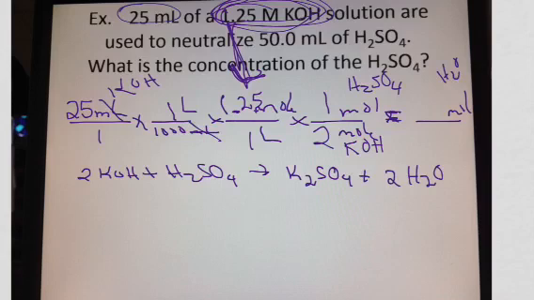My calculator did not like what I did. Okay. Divided by 2 equals something that doesn't look right. Let me try that again. 25 divided by 1,000 times 1.25 divided by 2 equals 0.015625, which is what I had gotten before.